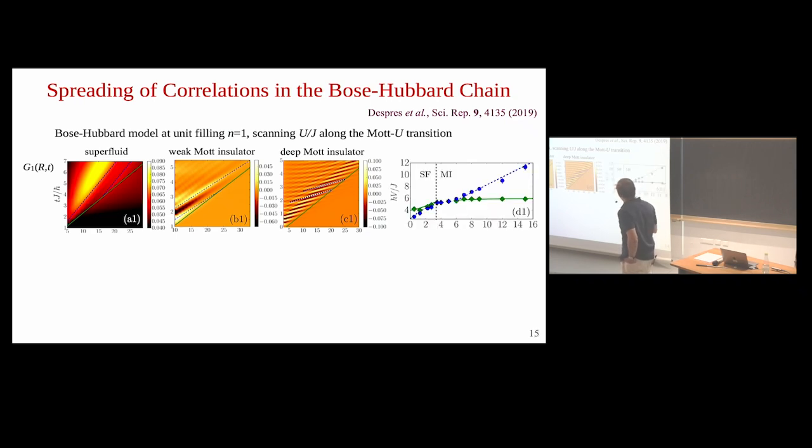So to be a bit more quantitative, we have fitted these two velocities here. So this is a plot of these velocities as a function of the interaction divided by the tunneling rate here. So we have these two velocities. Here is the transition between the superfluid and the Mott insulator in the model.